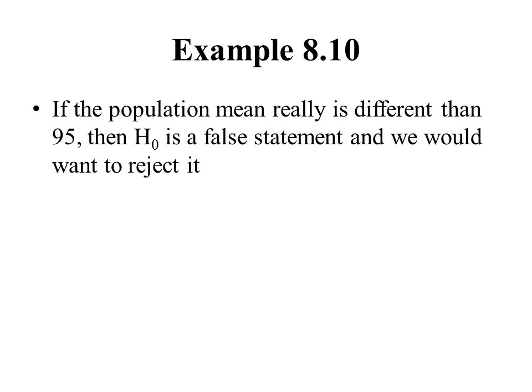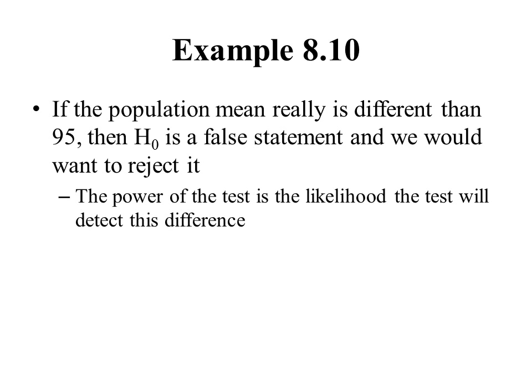So let's make an observation here about these hypotheses. If the population mean really is different than 95, then the null hypothesis is a false statement and we would want to reject it. So the null hypothesis is the statement that mu equals 95. Well, if mu were different than 95, then the null hypothesis would be a false statement and we want to reject it. Well, the likelihood or the probability of rejecting a false null hypothesis is what we call the power.